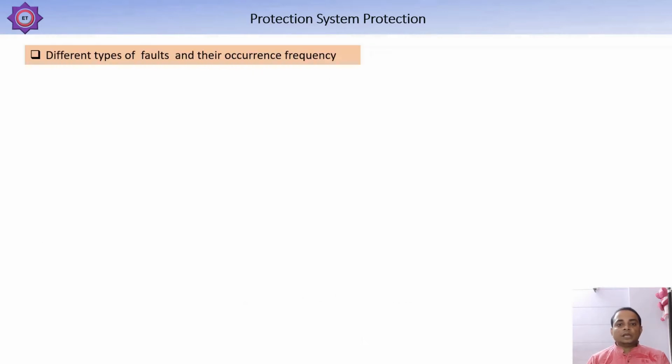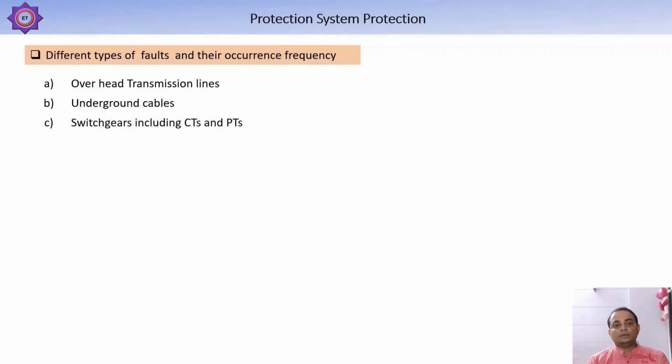If we talk about the types of fault and their frequency of occurrence, a fault may occur on overhead transmission line, underground cables, switchgear including CT and PTs, power transformer and miscellaneous. In miscellaneous, we count auxiliary equipment.